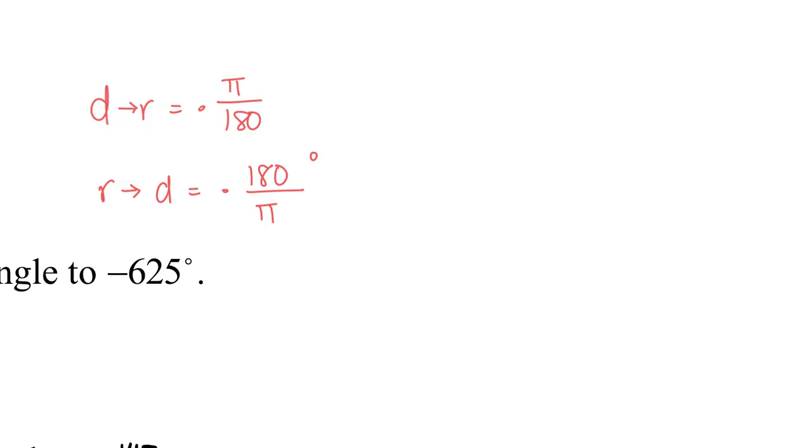Another thing you have to know is your 6 trig functions. Writing that down will help you with a lot of the questions. Sine theta, remember we're using x, y, and r, is y over r. Cosine theta is x over r. Tan theta is y over x.